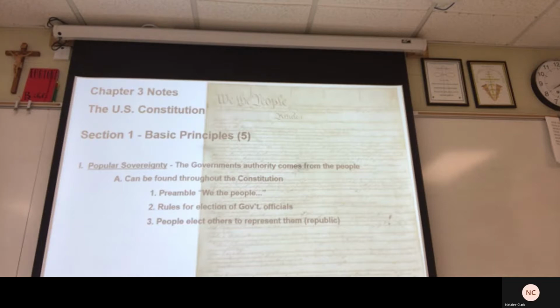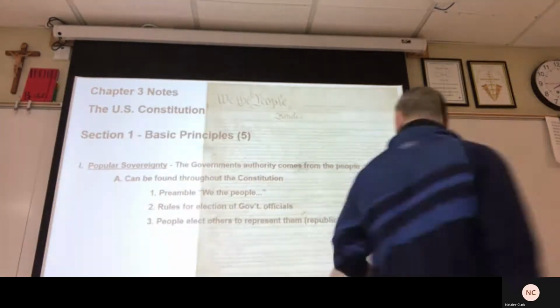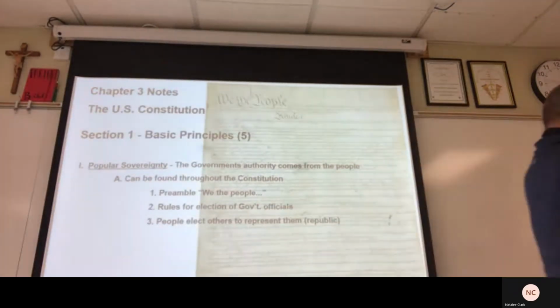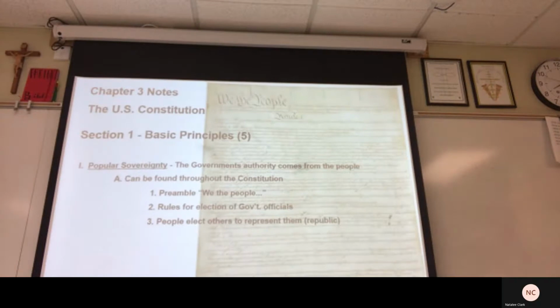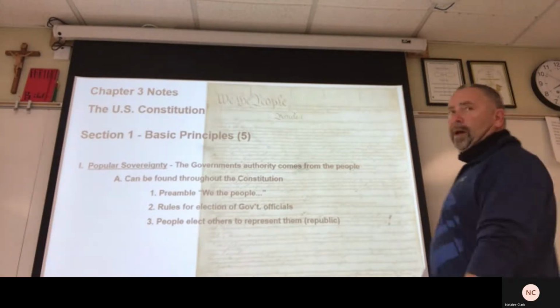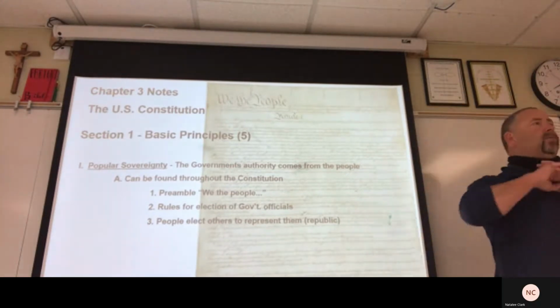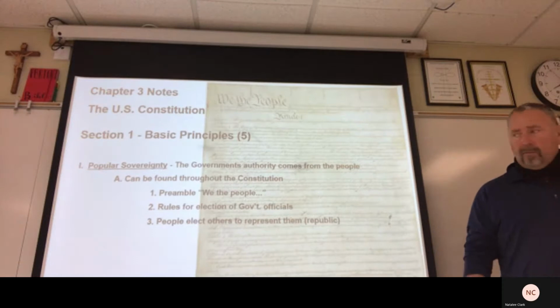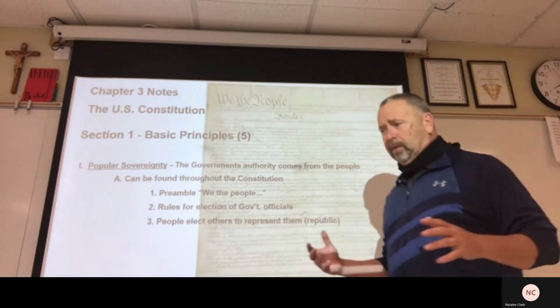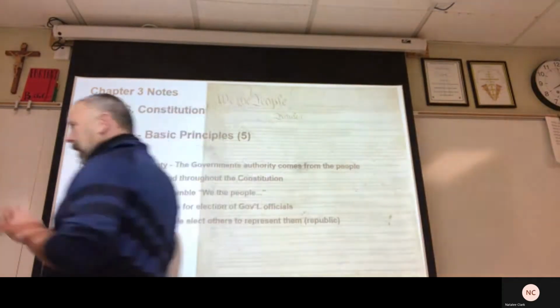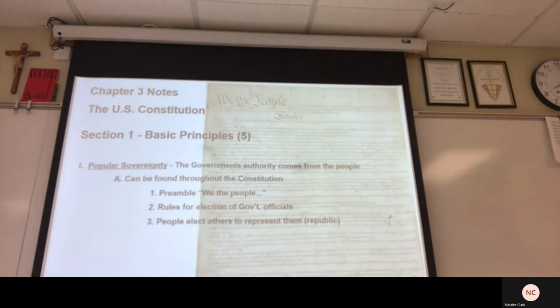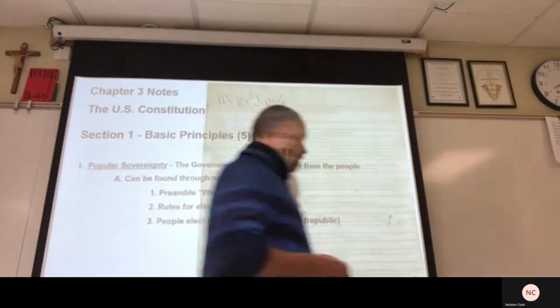What makes this process interesting when we talk about our rules for election of government officials is that generally those are controlled by the states. The states run the federal elections. So you have 50 different systems electing people to the same body, which is good, but it also has some negative sides as well.